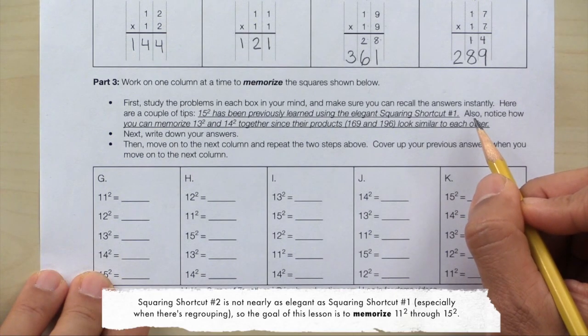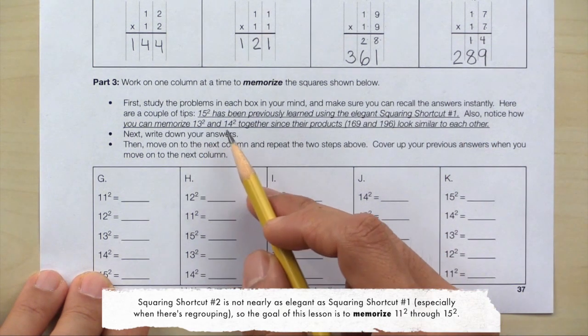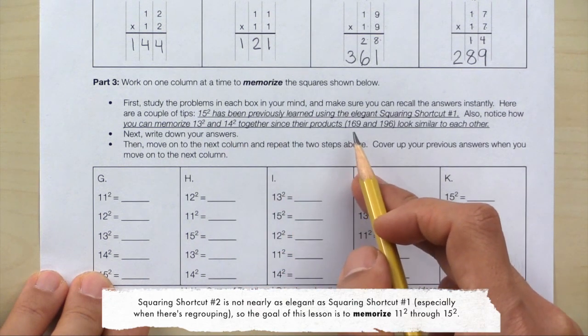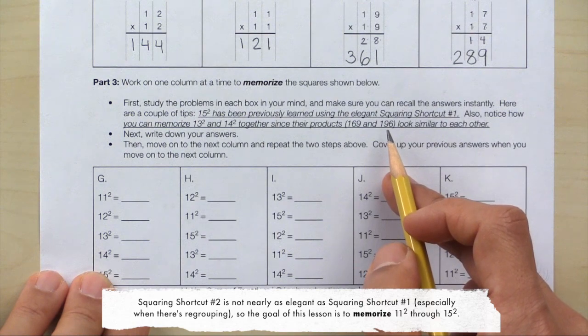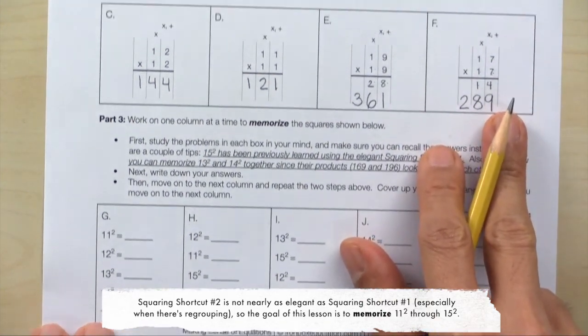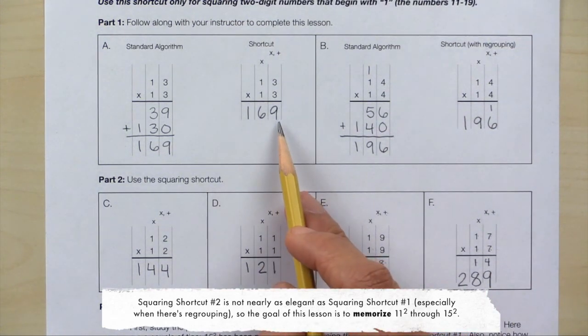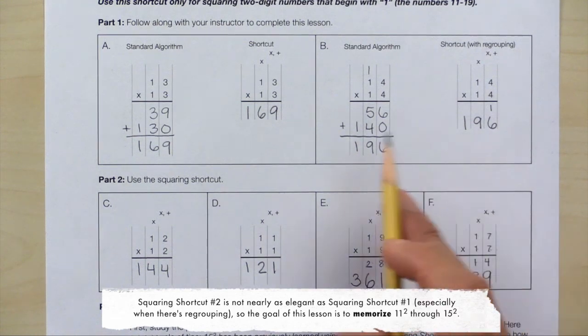It says, also, notice how you can memorize 13 squared and 14 squared together since their products, 169 and 196, look similar to each other. So notice up here that 13 squared equals 169 and 14 squared equals 196.